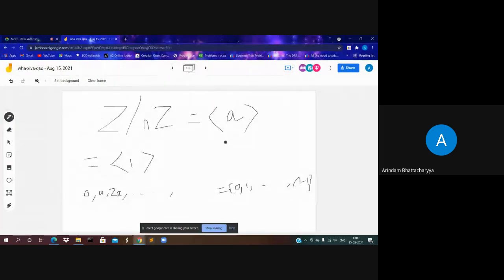So, in general, if Z mod nZ is generated by A, what can A be? What are the possible values of A? Clearly, A equal to 1 works.